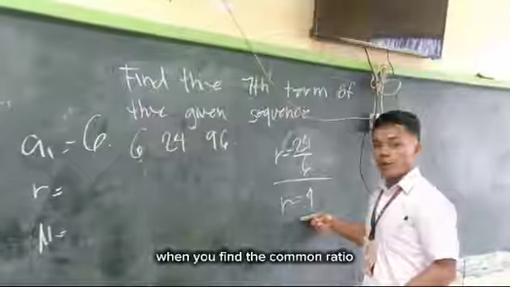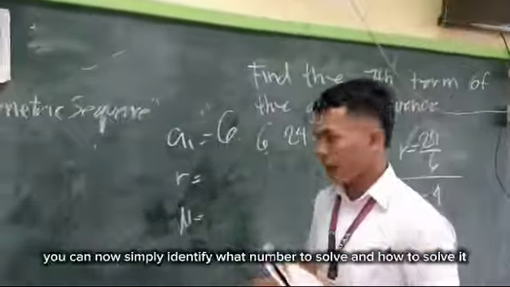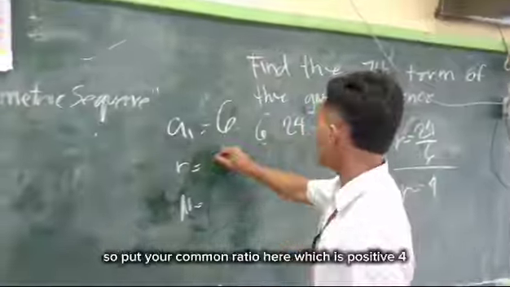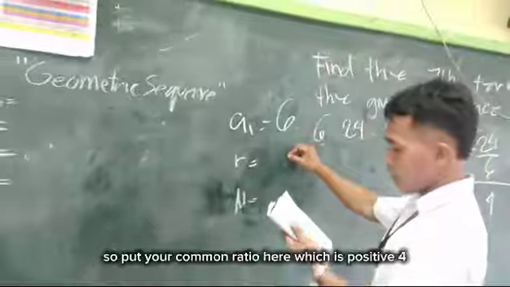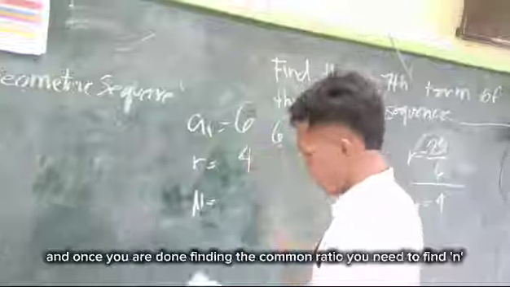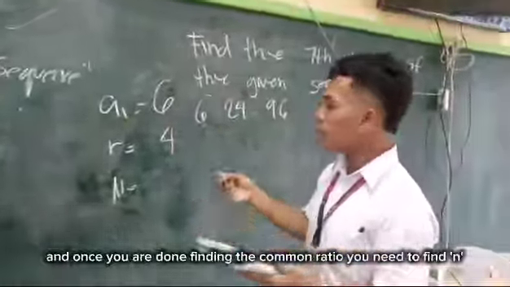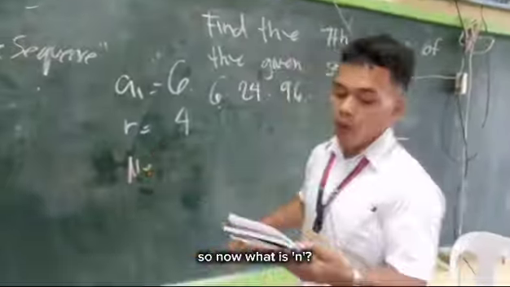When you find the common ratio, you can simply identify what number to use and how to solve it. So put your common ratio here, which is positive 4. And when you're done finding the common ratio, you need to find n. So now, what is n?